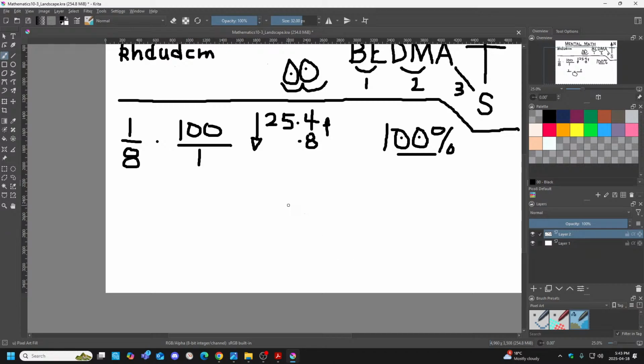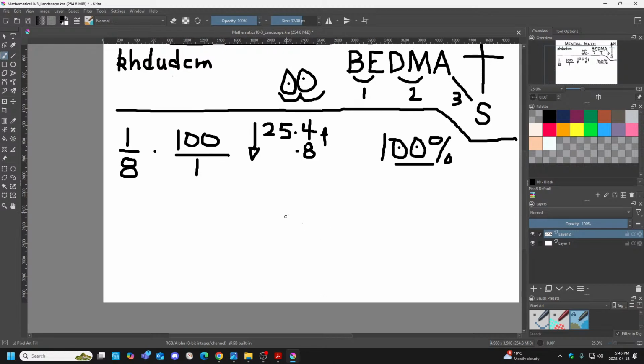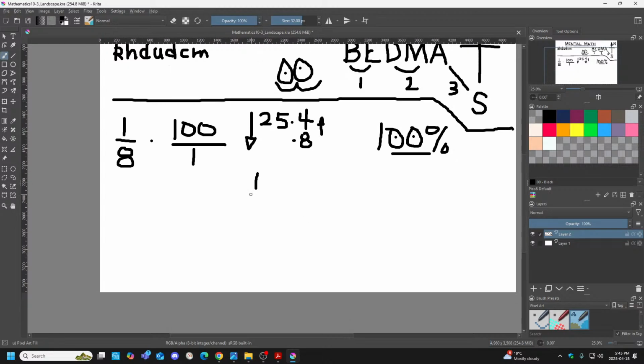Now, obviously, 25 is not an even number. So, how do we do this? This is where the 0.125 comes from. And then, again, it's just a decimal position. Okay, 1/8. Let me show you something.